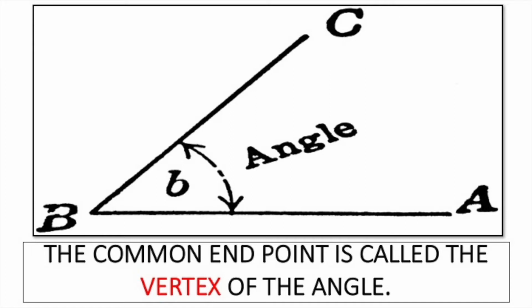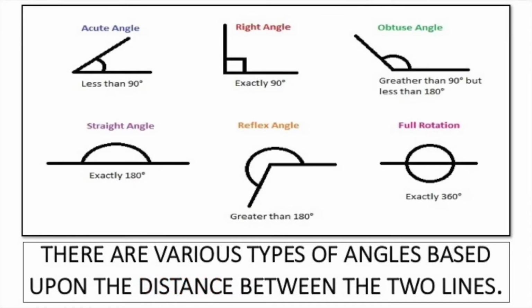Yes. There are various types of angles based upon the distance between the 2 lines. Okay? So based upon how far apart the 2 lines are, we have to name the angle, because what we do is we count the number of degrees. And here again, you can see lots of different types of angles. So we learn about them in the next few lessons.